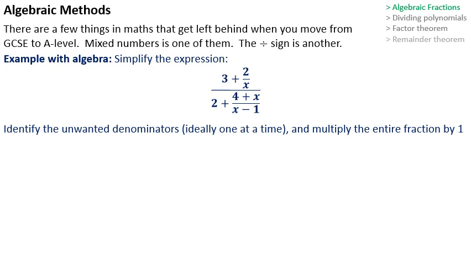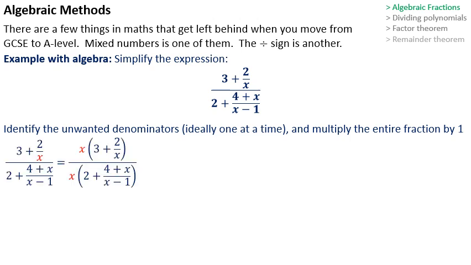And the only reason we're allowed to do that is because that term appears within a bigger fraction, and I can multiply the top and the bottom of that big fraction by that same term. So when we multiply the entire fraction by 1, we're going to choose how we write the number 1 very carefully. We'll either write it as x over x, or x minus 1 over x minus 1, or whatever we might need.